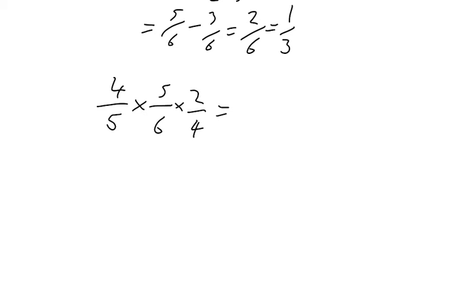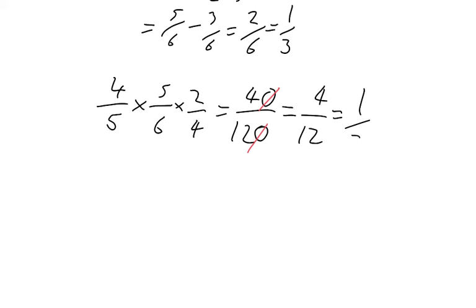So 4 times 5 is 20. 20 times 2 is 40. Over 5 times 6 is 30. Times 4 is 120. Now we can simplify that because they will cancel out. We're left with 4/12, which equals 1/3.